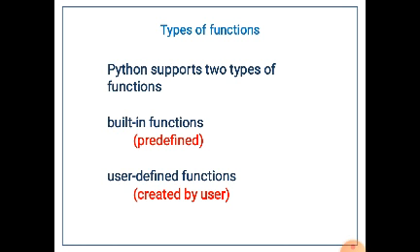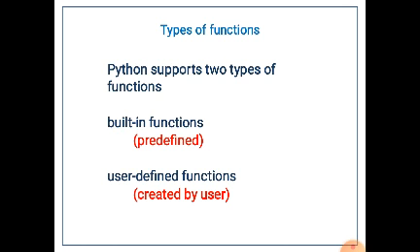So remember that Python supports 2 types of functions. One is the built-in functions, which indicate that the functions are already defined in Python. And the second one is user-defined functions. These are to be created by the user.